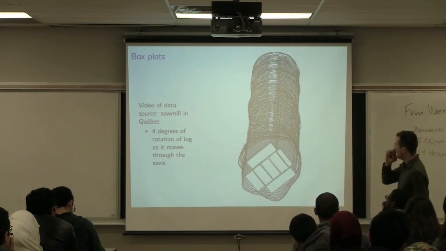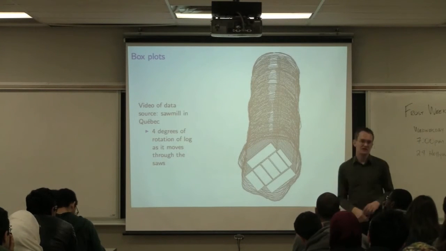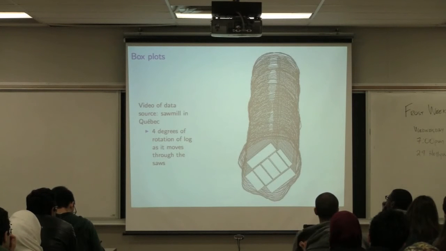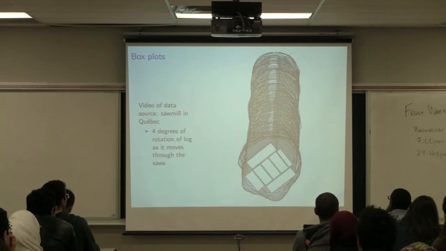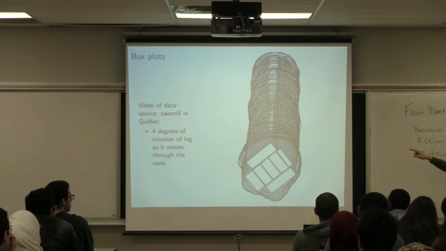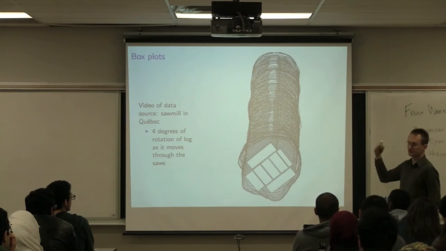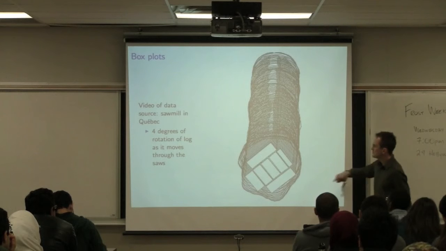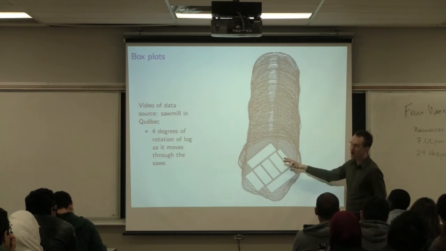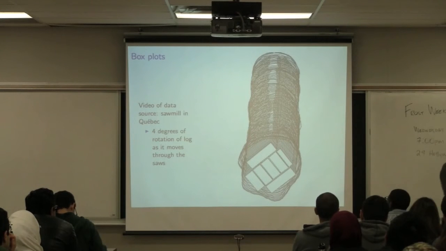So here's a scan of a log. These companies take these logs through a laser scanner, and as the log is traveling through and about to be cut, it gets the scan just as it enters the saws, and an optimizer calculates the optimal way to rotate that log through the saws to get the most dollar value for it.